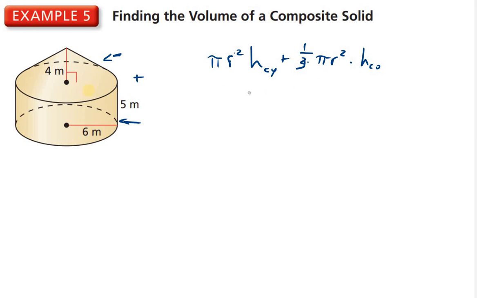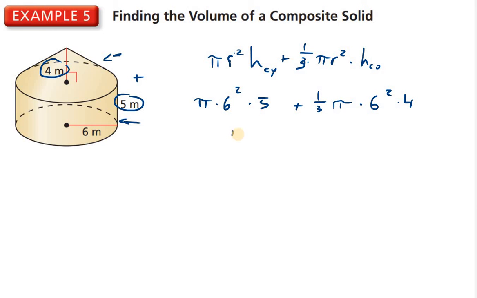Okay, because the height of the cone is different from the height of the cylinder. All right, now we got pi times, the radius is the same on both of these, 6 squared, times the height of the cylinder, that's 5, plus 1/3 pi times 6 squared times 4.